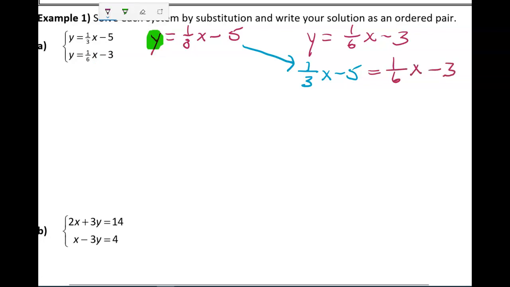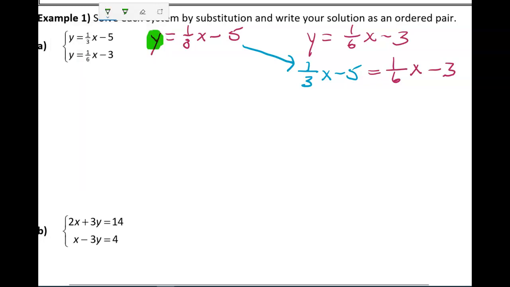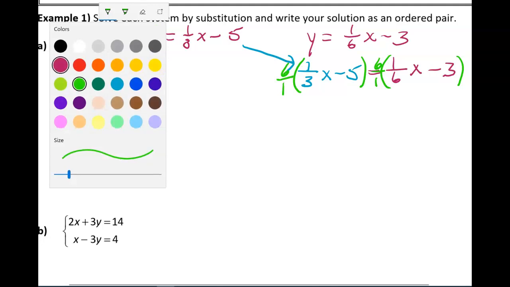Now what we have is a single variable equation that we can solve very easily for that remaining variable x. So this has fractional coefficients. Remember, with fractional coefficients, you probably want to go ahead and clear the fractions. So I'm going to multiply both sides of the equation by 6, which is the least common denominator.